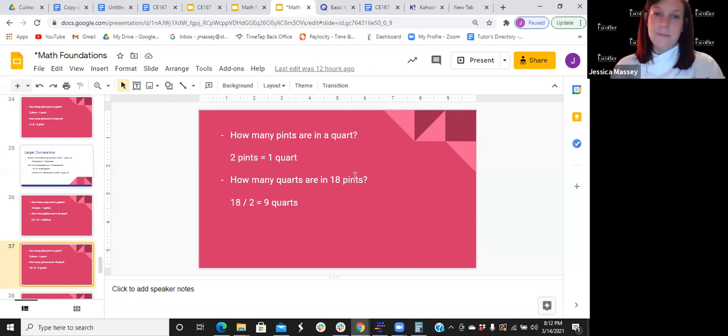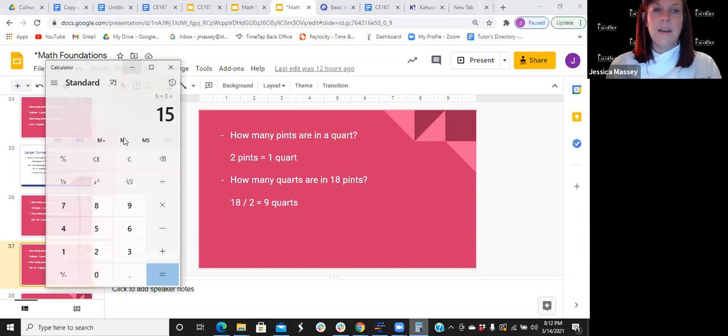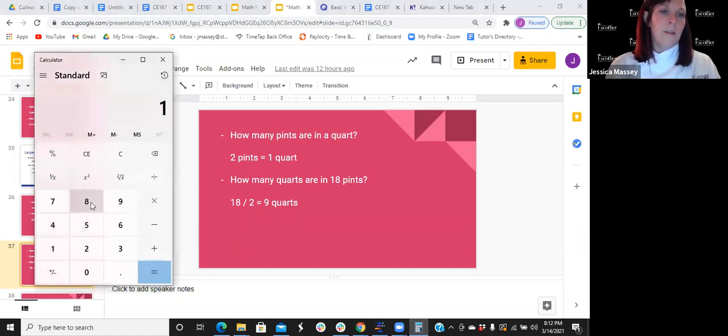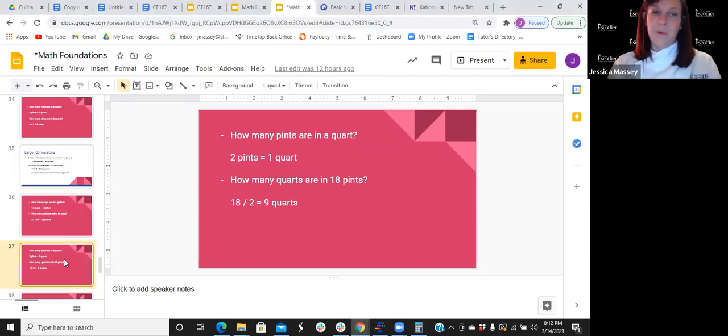You take that 18 pints, you divide it by 2, because you know that equals your 1 quart to get it to quarts, and you end up with 9 quarts. 18 divided by 2 equals 9. Now these are nice, simple round numbers.